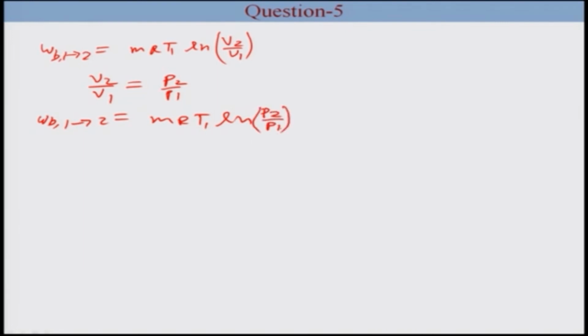So in this expression we don't know mass of the air initially present in the system. So from the ideal gas equation we can calculate the mass of the air, P1 V1 upon R T1. So after plugging the values of P1, V1 and T1 we get 600 kilopascal initial pressure. Volume is given as 0.8 meter cube.